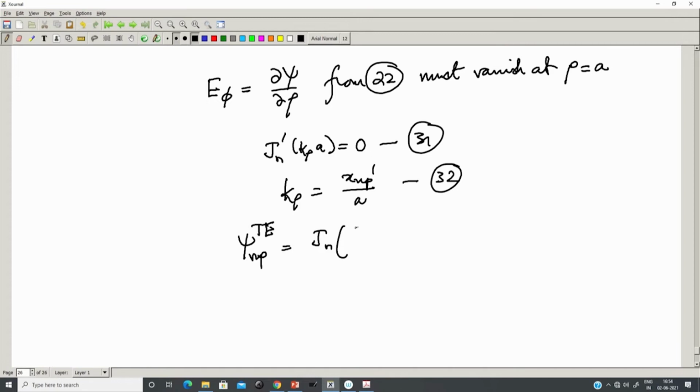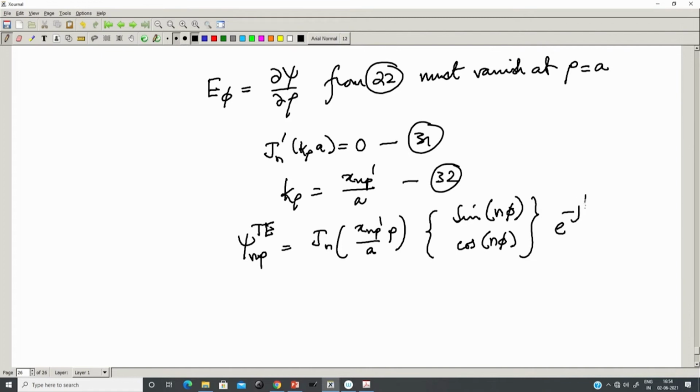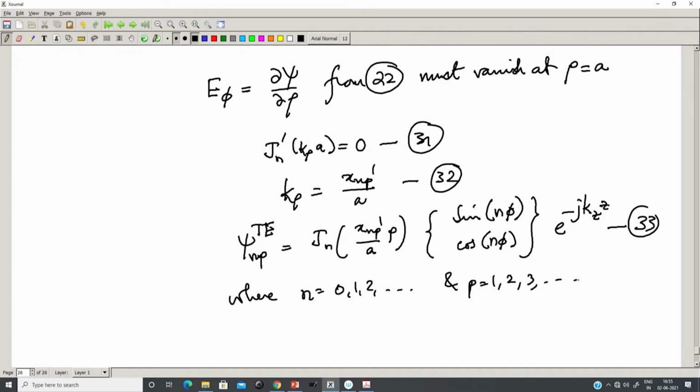Now, instead of k rho we write x n p prime by A times rho, the degenerate harmonic functions along the phi directions, which is cos n phi and sin n phi, e to the power minus j k z z, where n is 0, 1, 2 and p is 1, 2, 3.